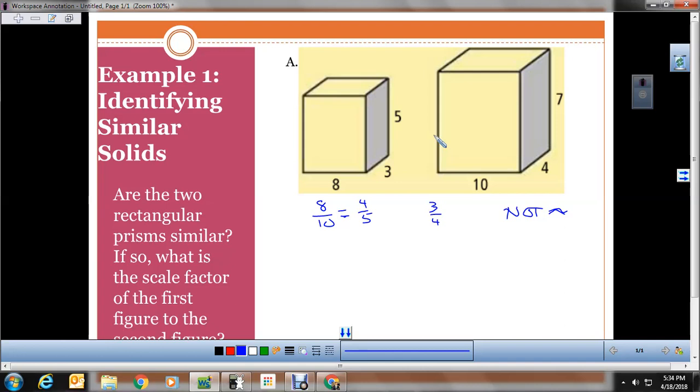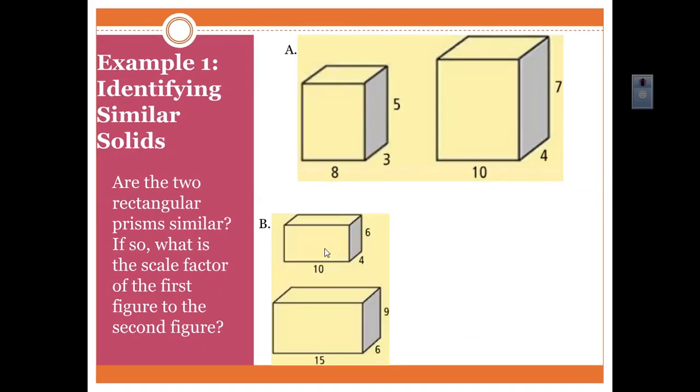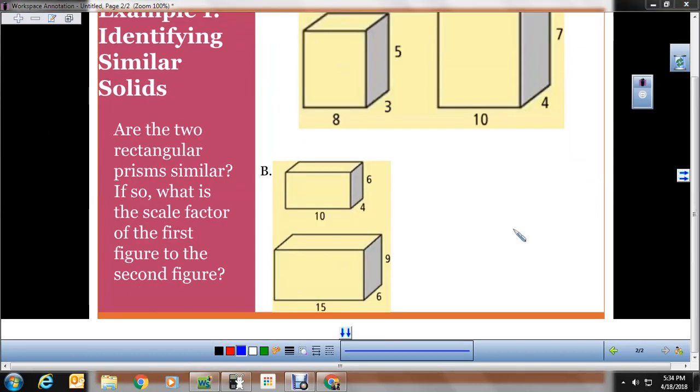So let's take a look here at part B. Are these two similar? As you look at this, you're going to compare the corresponding parts again. We have 10 corresponding to 15, 4 corresponding to 6 down here, and then 6 corresponding with 9, both the heights of these two prisms.